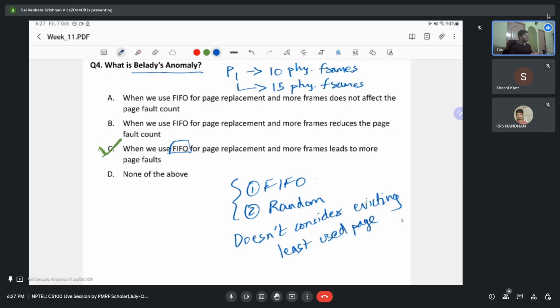It just considers which one came first in its queue and takes that out. Say your access pattern is: you refer to page 1, page 2, page 1, page 3, and only 2 frames are allocated.